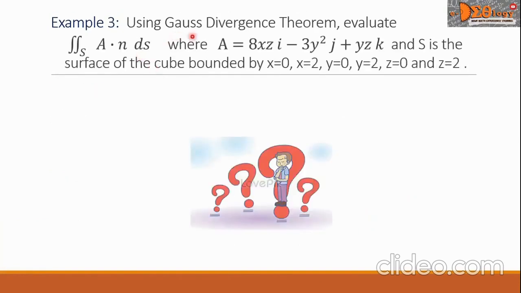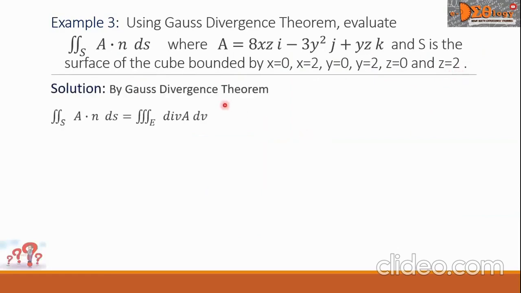Example 3. Using Gauss divergence theorem, evaluate double integral over S vector A dot n dS, where vector A equals 8xzi minus 3y squared j plus yzk, and S is the surface of the cube bounded by x equals 0, x equals 2, y equals 0, y equals 2, z equals 0, and z equals 2.